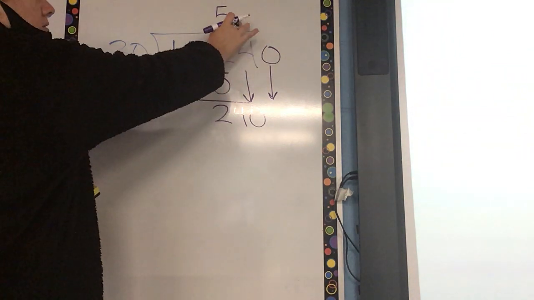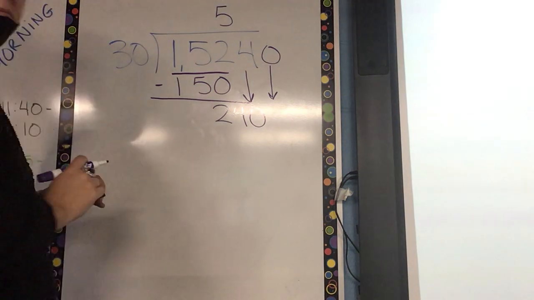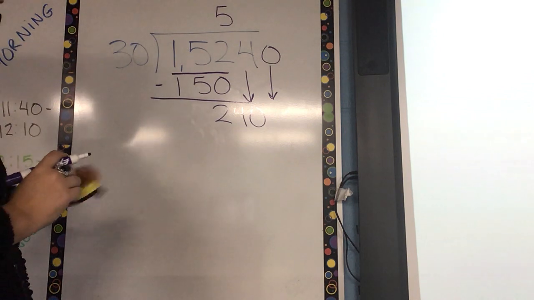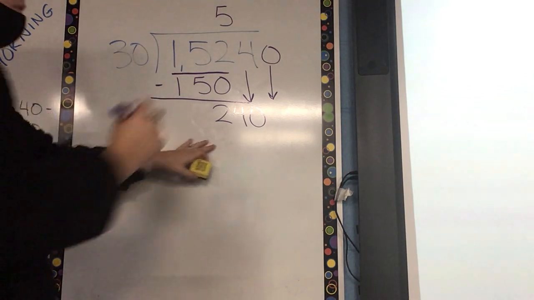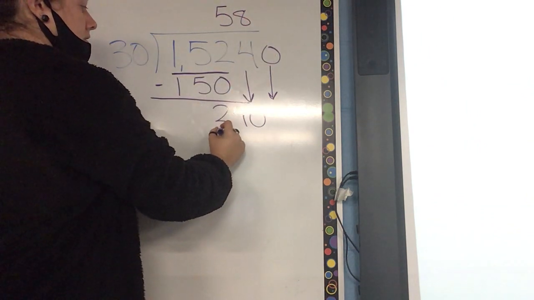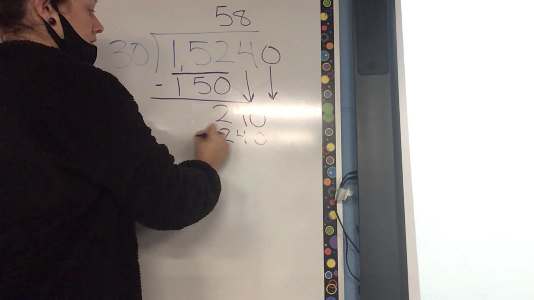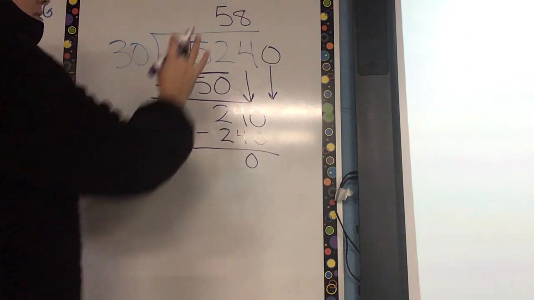So you're saying 8 goes here? No. What? You confused me. How many times 30? Okay, so how many times is 30 going into 240? 8. Okay, because what is 30 times 8? 240. Do I have anything left over? No.